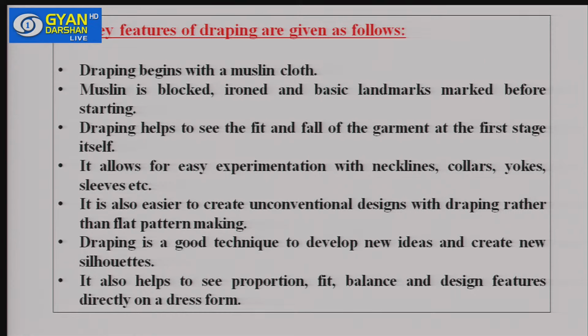Suppose you have a different style of neckline in the sketch, and as you start draping the fabric on the dress form you feel that this neckline is not coming out well; at that stage you can change the style of the neckline or the sleeve or the collar which you are using.